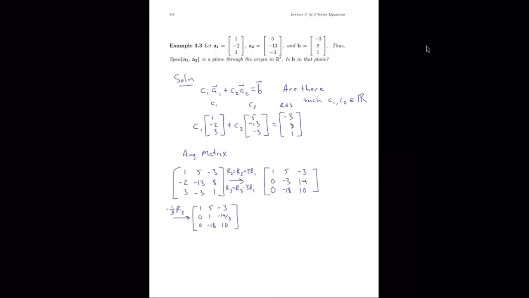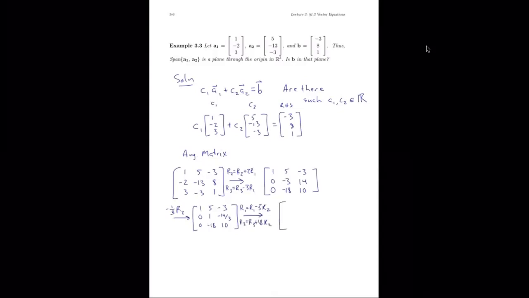This is going to get a little messier, but we need to zero out this term. So we'll do row 1 equal to itself minus 5 times row 2. And similarly, we need to get rid of that negative 18, so row 3 is itself plus 18 times row 2.